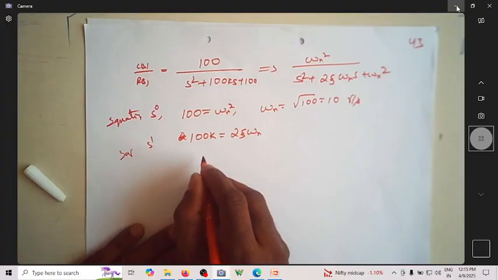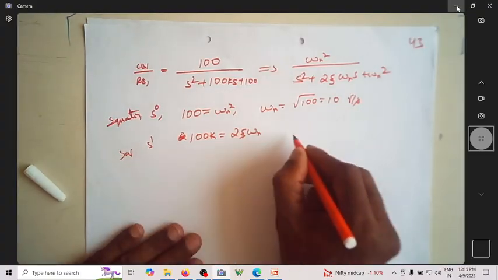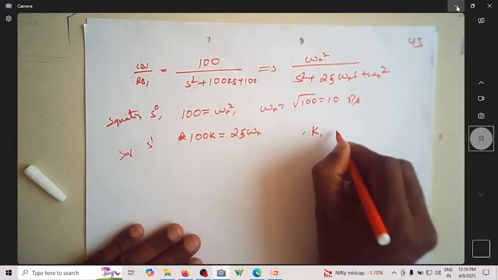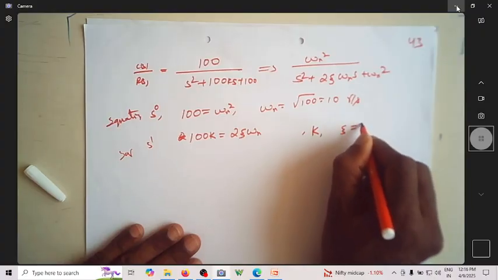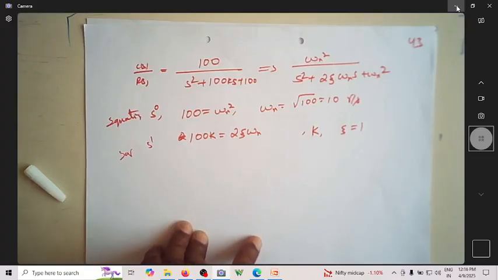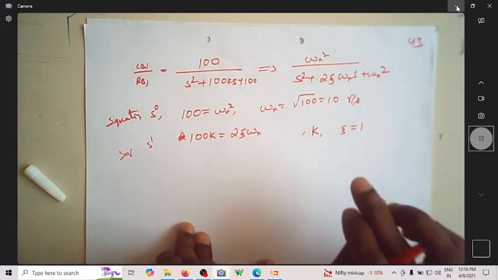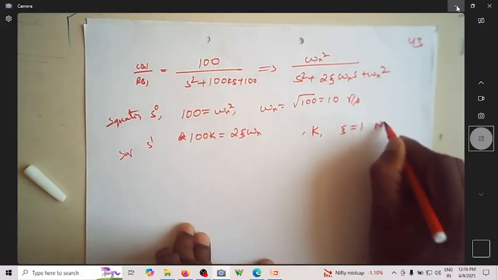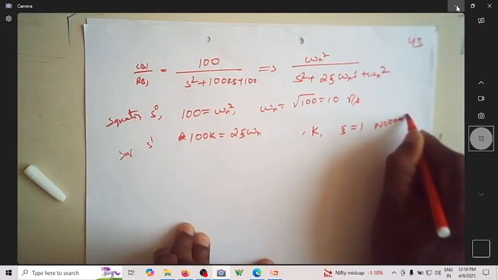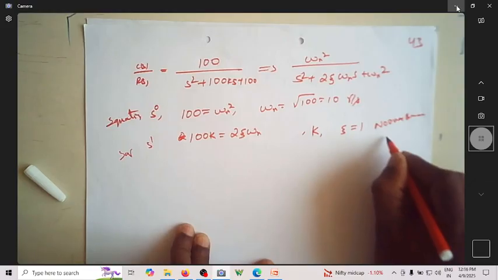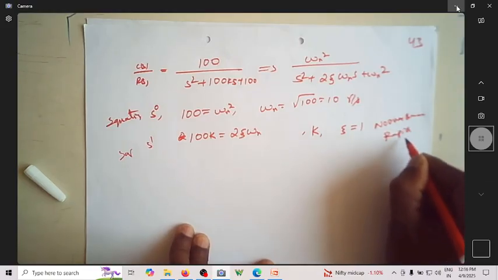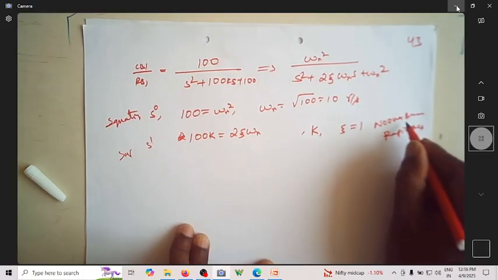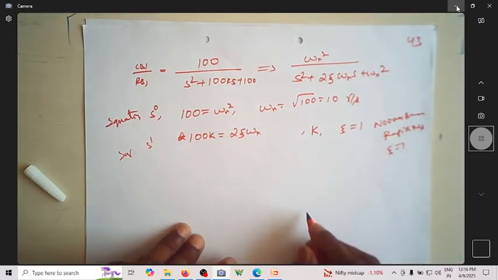So what do you have now? We are asked to find the value of k such that zeta is 1. It's not given directly, but it is said that no overshoot plus reaches output quickly. So it's a rapid response. Rapid response and no overshoot means that zeta is equal to 1.